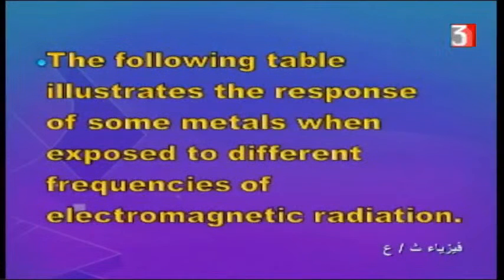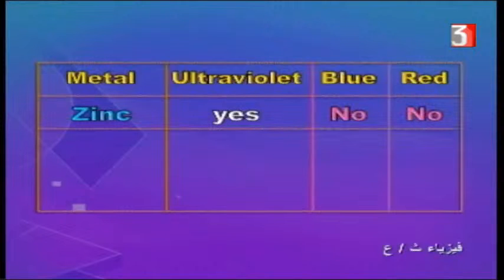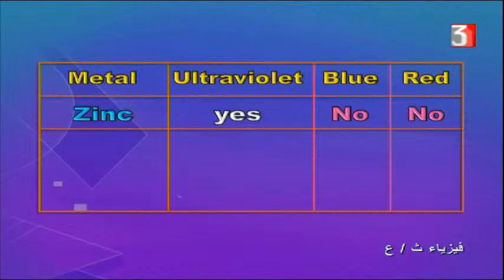We've got an interesting question. The following table illustrates the response of some metals when exposed to different frequencies of electromagnetic radiation. Let's look at the table. For zinc, we used ultraviolet and it managed to extract electrons. Blue, no. Red, of course not; red is incapable of ejecting electrons.